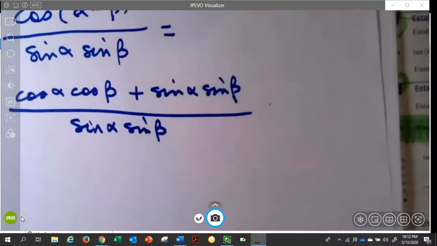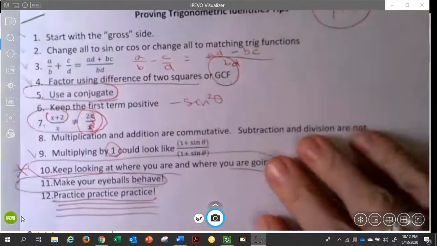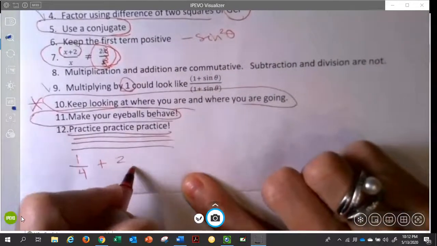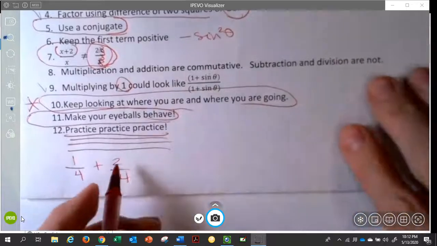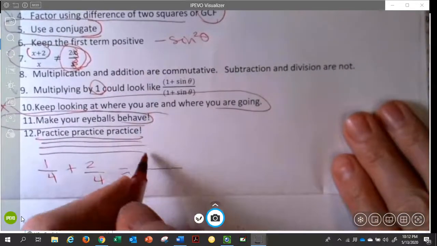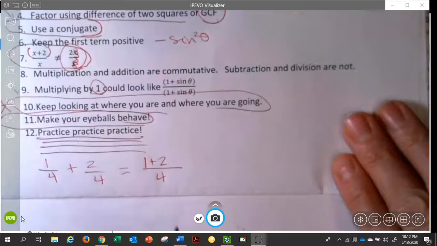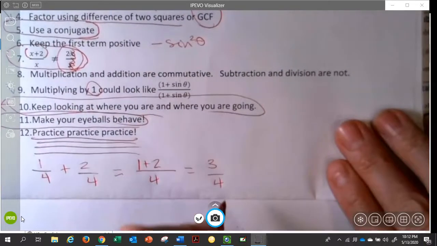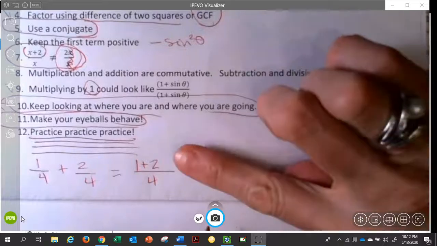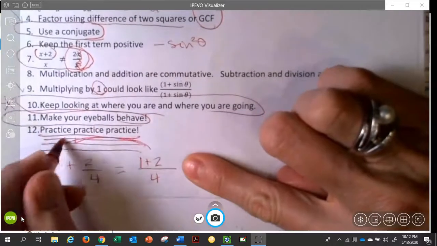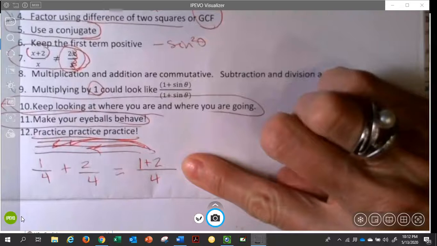And so on the tip page, if you happen to have 1/4 plus 2/4, I know that can be reduced to a half, but we'll just use it for explanation purposes anyway, we would add the numerators and keep the denominators. I know that we would keep going and actually add the numerators and get 3/4, but I would like to start right here and tell you you have permission to go the other direction.